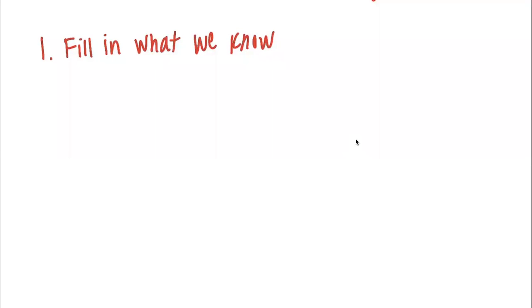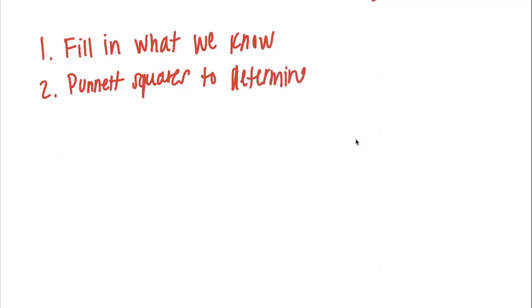And if I scroll down here, I'm going to remind us of our ways to figure out pedigrees. First, we fill in what we know. I would tell you it's either a recessive or a dominant trait or disorder, whatever we're tracking. Then we use Punnett squares to determine our probabilities.